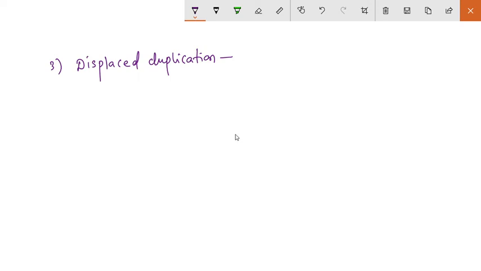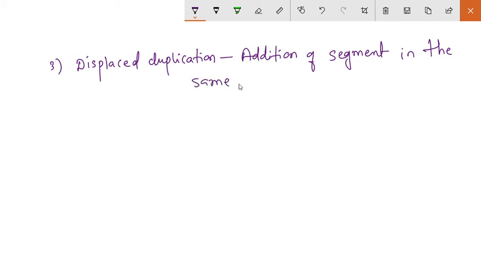म्हणजे हा जो addition झालेला part आहे, the additional segment in the same chromosome.